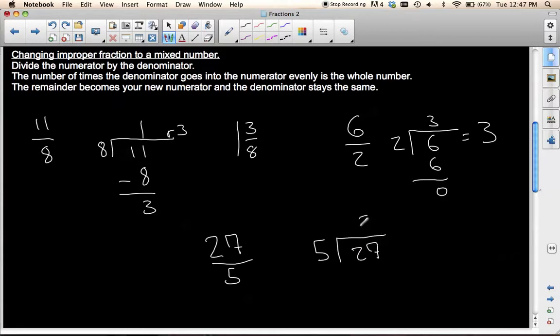So 5 times 5 gives me 25, and I'm left with 2 as my remainder. Well, the 5 here becomes my whole number. The remainder becomes my new numerator, and the 5 becomes my denominator. That's all you need to do to change an improper fraction to a mixed number.